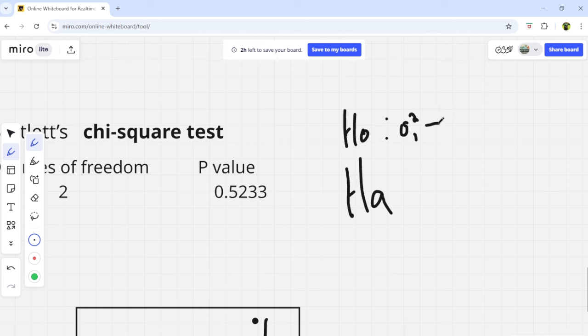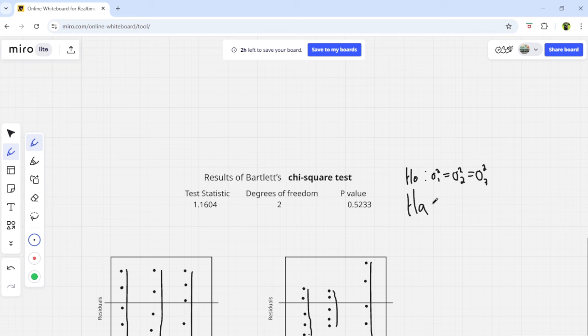variance 1 is equal to variance 2, variance 2 is equal to variance 3. So remember, I'm still using the same example of the groups whereby one group is attending the sessions, one group is watching videos, and another group is doing self-study.